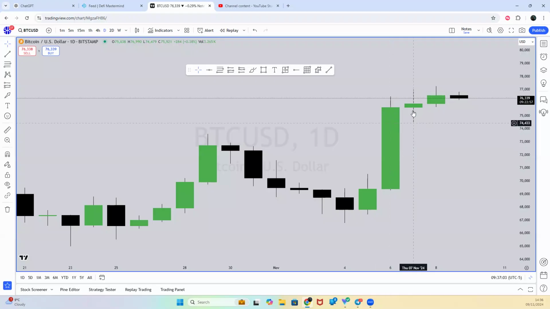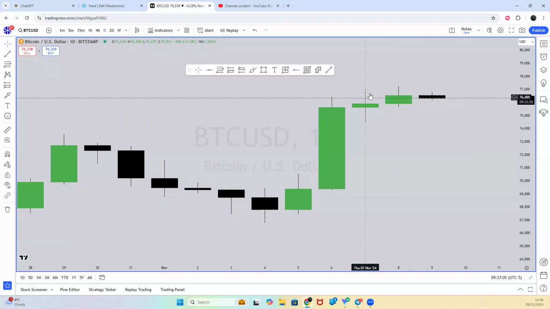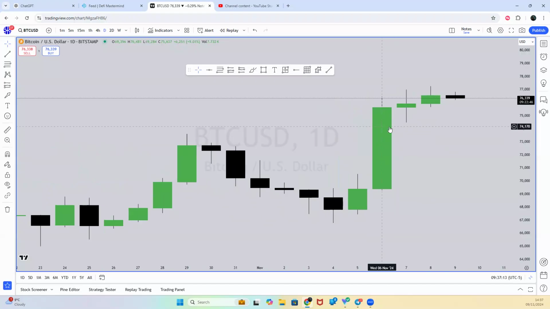And then as we can see on this next day, this looks a little bit like what you might call a doji candle, where you've got indecision, really, is what this is showing you. So it opened here, it went down, then it went up, but it came back to the close.